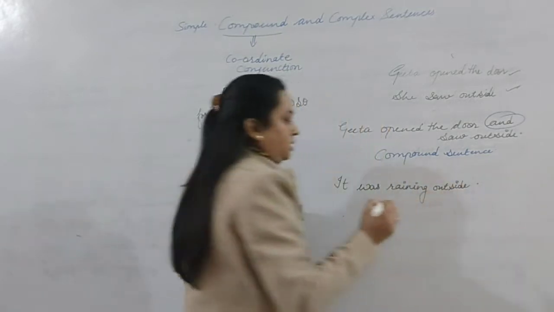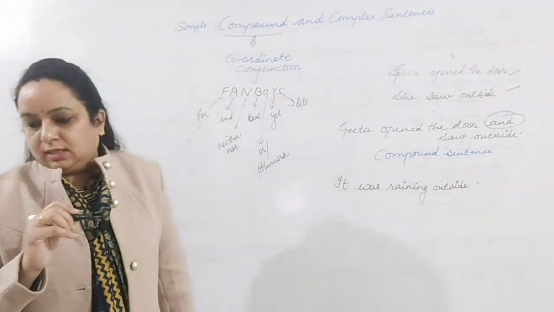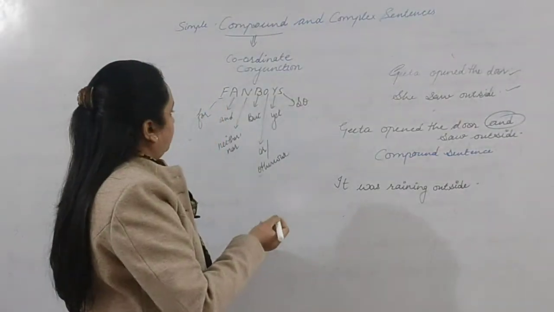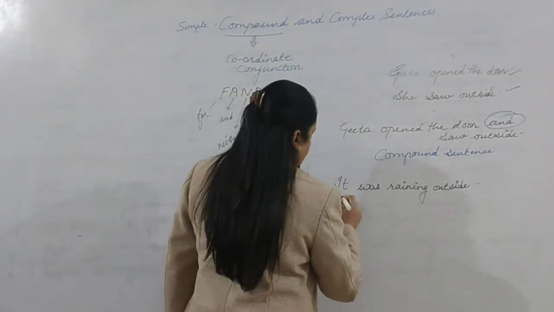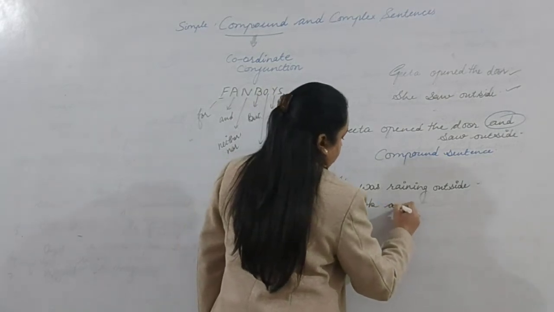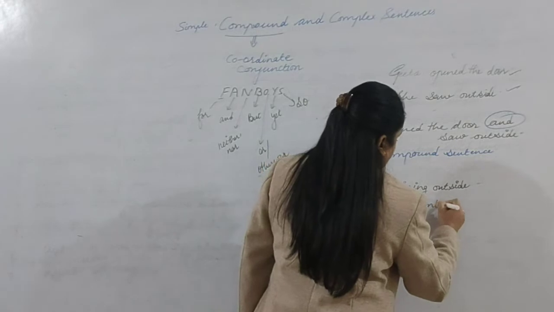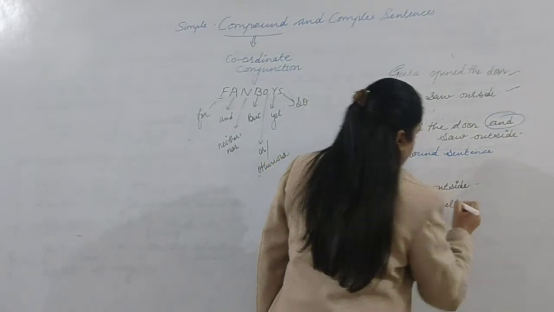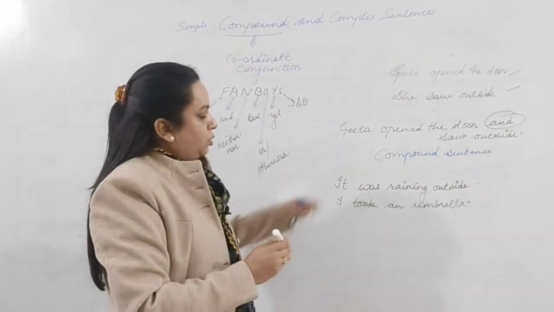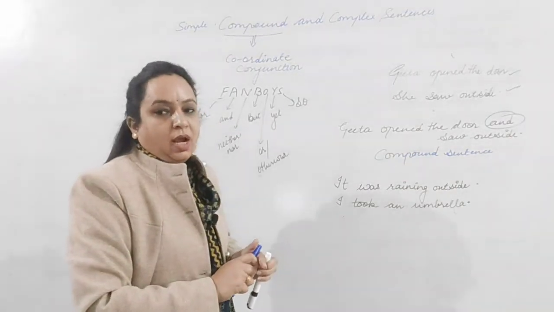This is one sentence, right? And the second sentence is, I took an umbrella. Right? Two sentences. So let's discuss what is the nature of the first one and what is the nature of the second one.